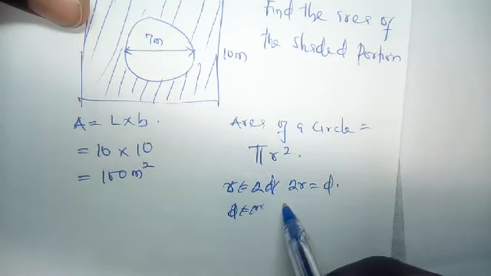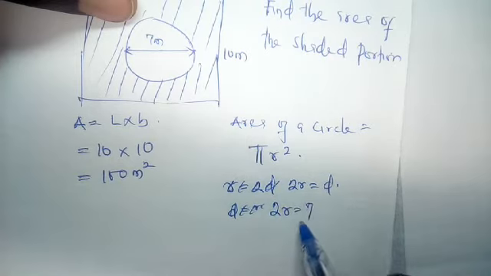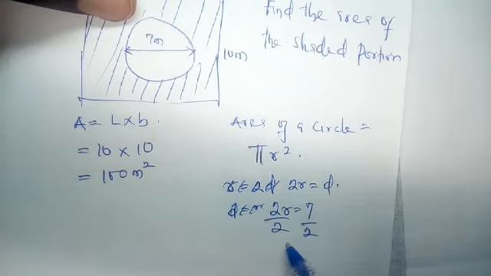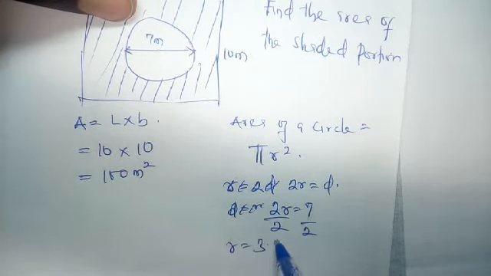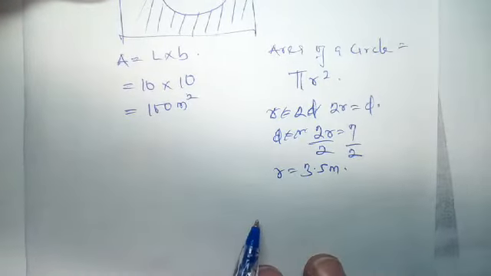So to obtain the diameter here, from the diagram diameter is 7. So we'll be having 2r equals to 7, divide both sides by 2, r is equals to 3.5 meters. So we have gotten our r as 3.5 meters.